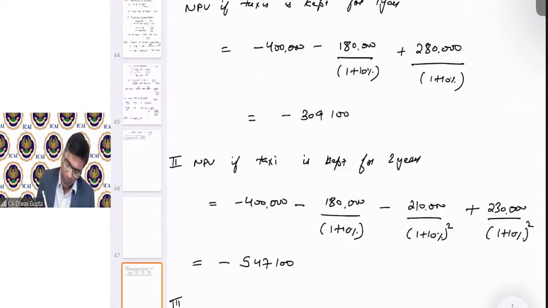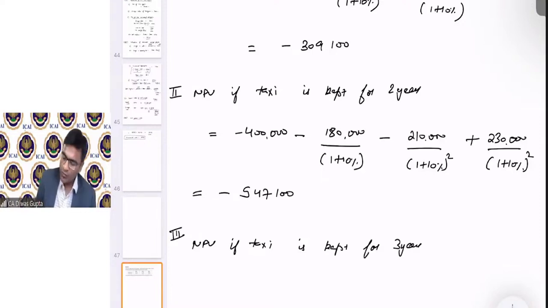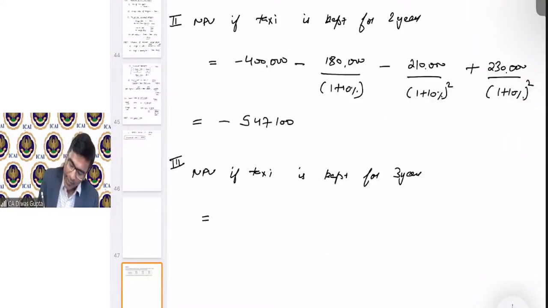Then let's go to the third case: NPV if the taxi is kept for 3 years. In this third scenario, minus 4 lakh is still going to be there.